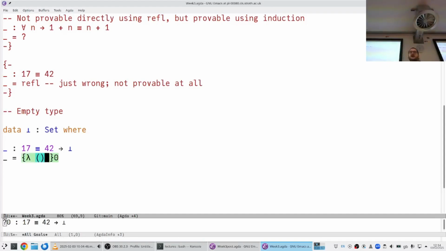So just like we have REFL for things that are trivially equal to each other, we also have this empty pattern. So this is a lambda, but instead of naming the variable, I'm saying, look, this is a lie. There's no way it could be inhabited. So I put this pattern, Agda comes back and says, yeah, okay, that's fair. 17 will never be equal to 42. This is a valid proof that if someone hands you such a value, you can do anything you want.